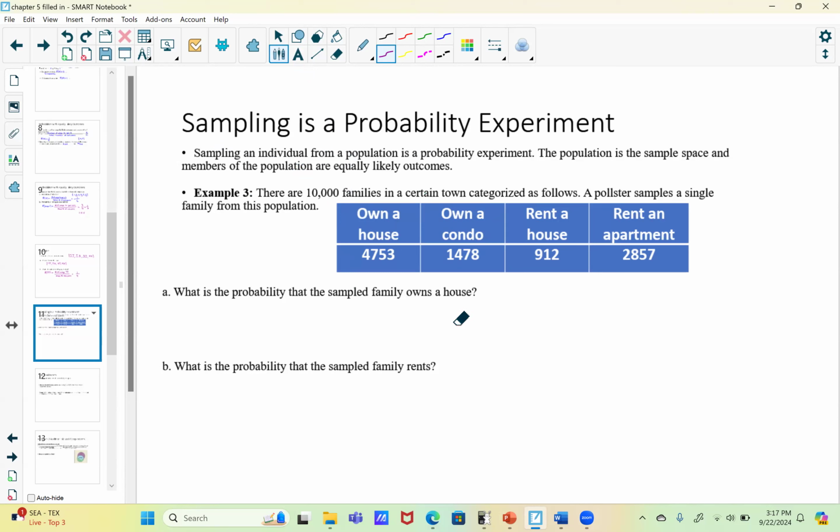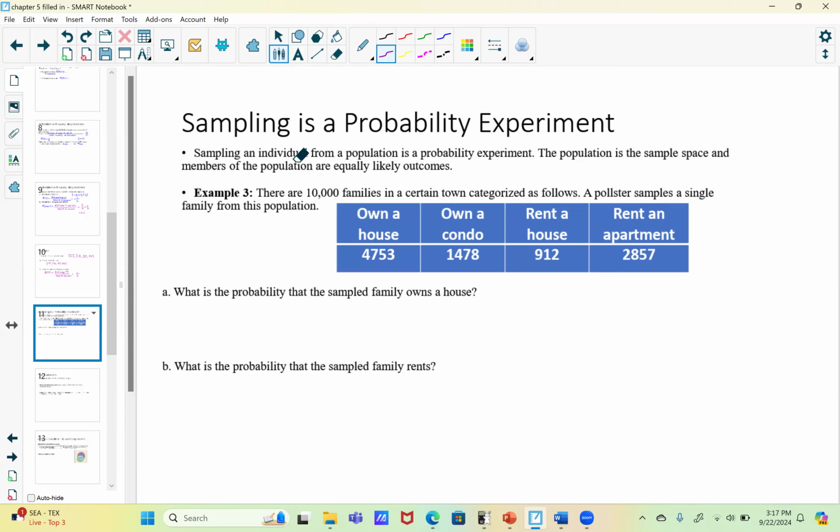Remember in unit 1, we talked about randomly collecting samples from people and displaying the data, if it's categorical, in a frequency table like this one. We can use that data to calculate probabilities, like the probability that someone would own a house or own a condo.